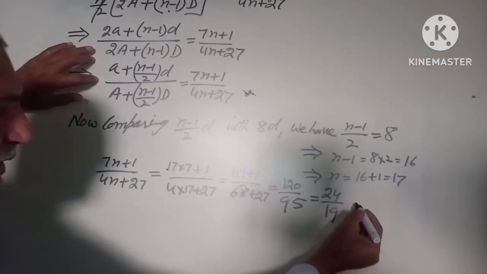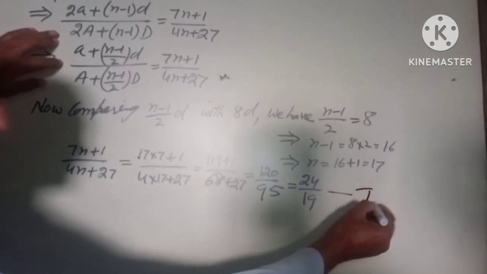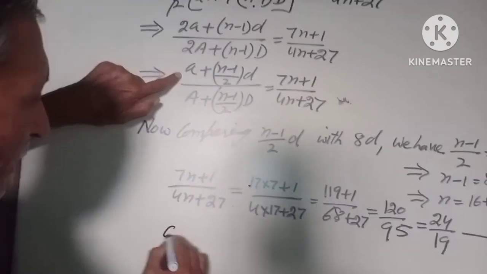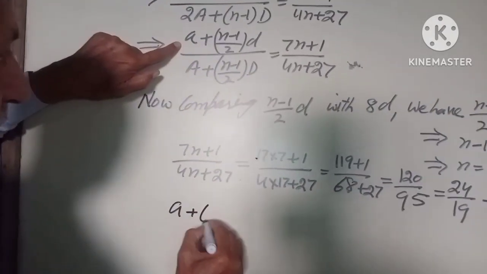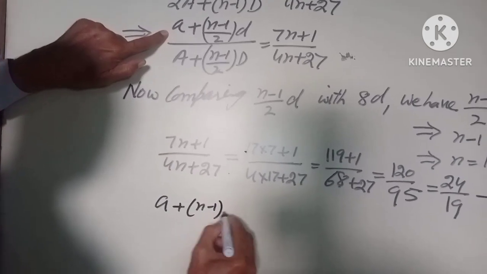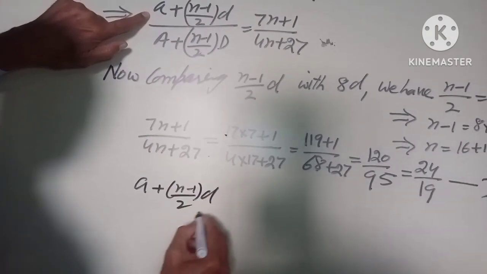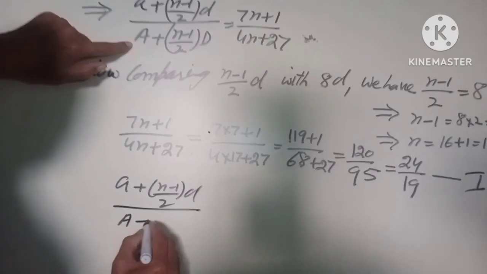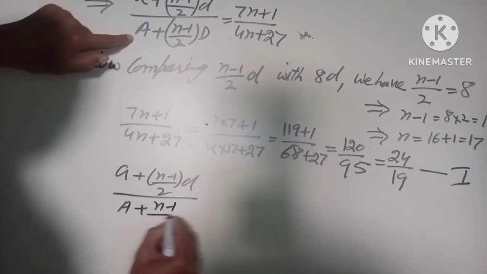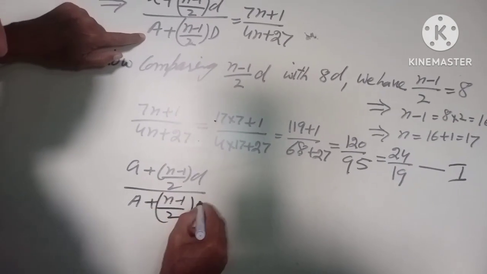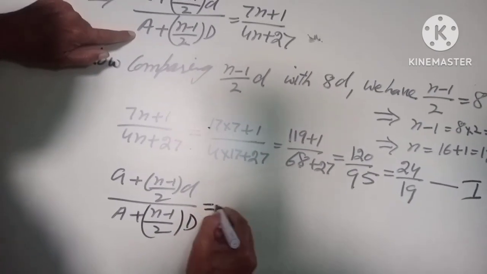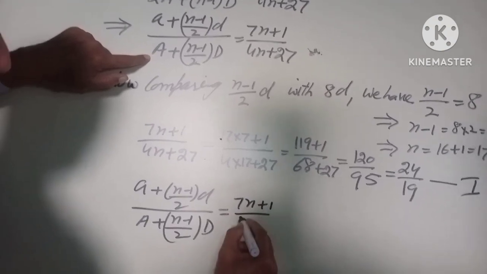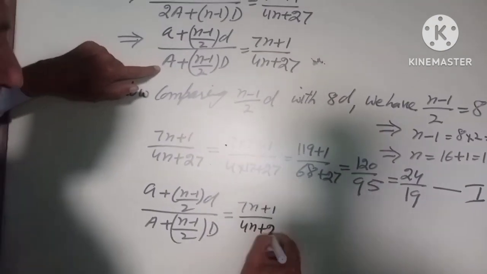Let's leave it here as equation 1. Now come back here. This is a plus n minus 1 upon 2d, and this is A plus n minus 1 upon 2D, and this is given equal to 7n plus 1 upon 4n plus 27.